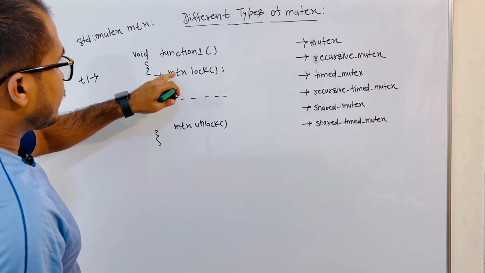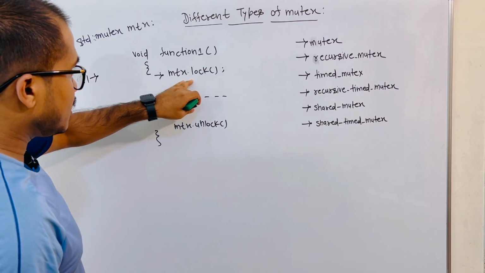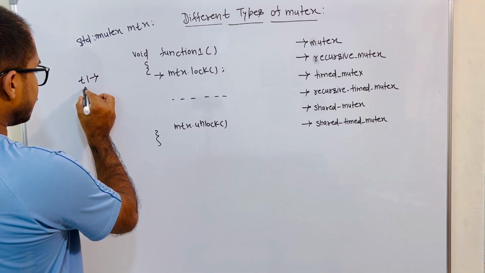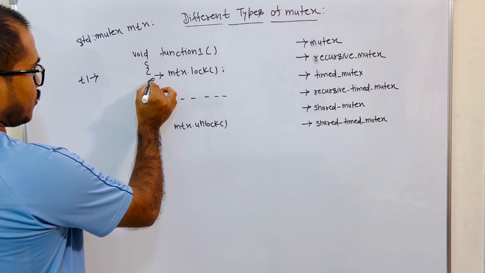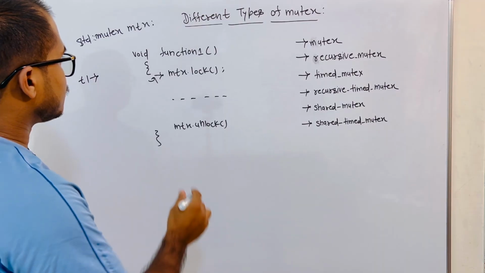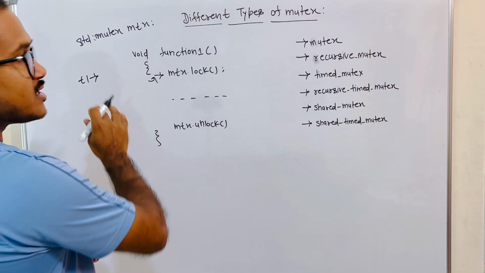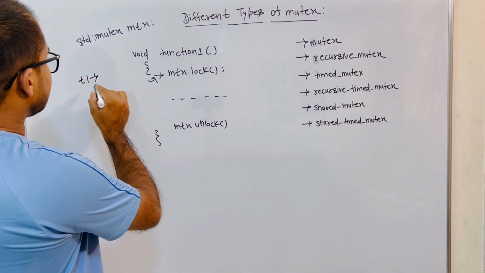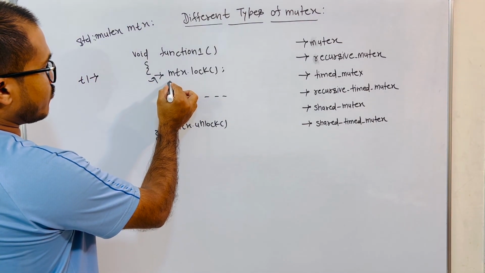If thread T1 has locked this mutex mtx and it again tries to lock the mutex without unlocking it, so T1 is trying to recursively lock this mutex, then this operation will fail.